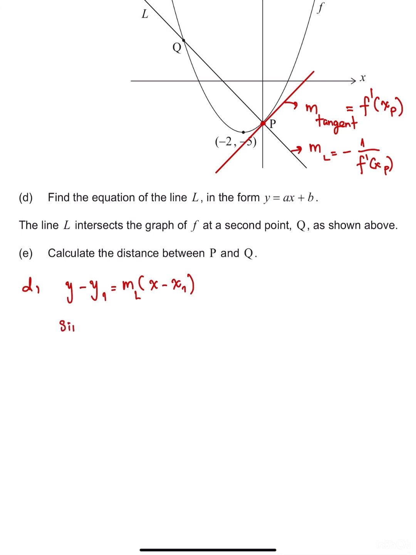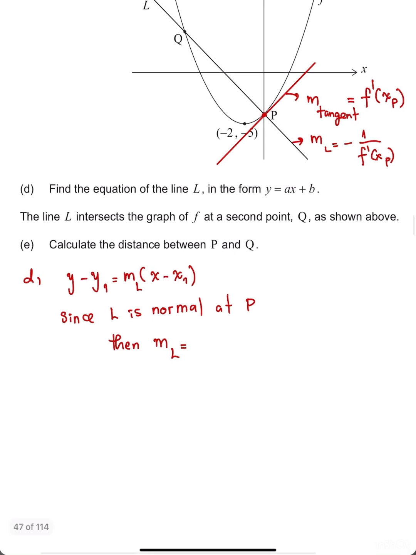Since L is normal at P, we can consider that mL equals negative 1 over f prime of xp.